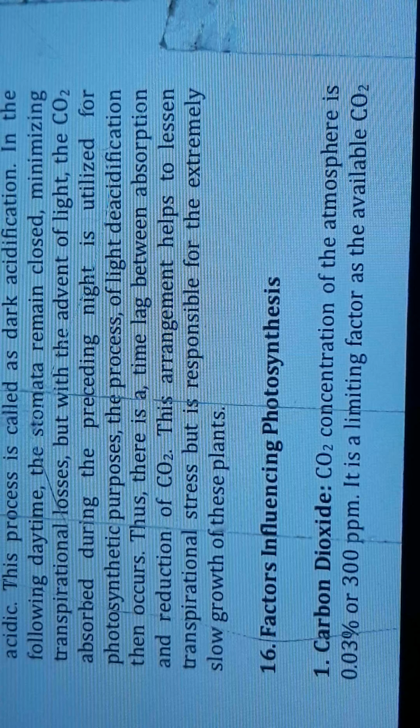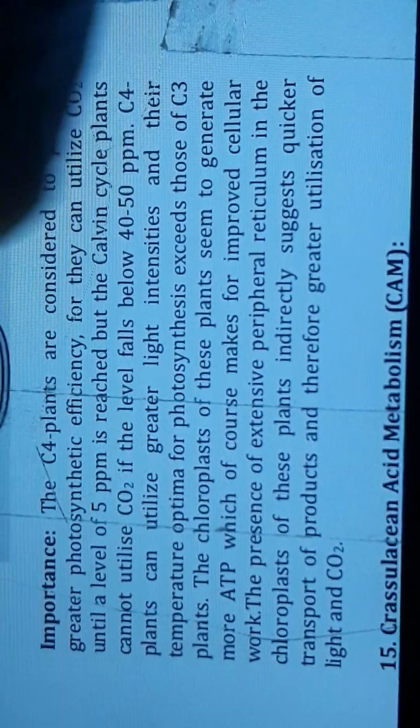Next will be the factors influencing photosynthesis. Carbon dioxide concentration of the atmosphere is 0.03% or 300 parts per million. It is a limiting factor for the available carbon dioxide.